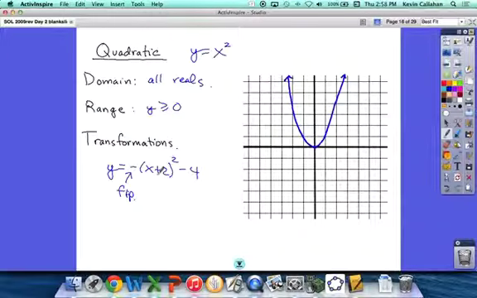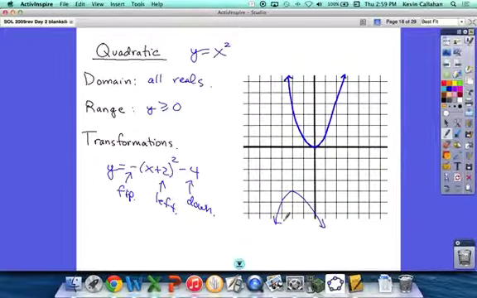And what is the effect of a +2 inside the function? Left 2. And the -4 means down 4. Okay, down. So if I was going to sketch the graph, I'm going to go left 2, down 4, and then I'm going to draw it going down.